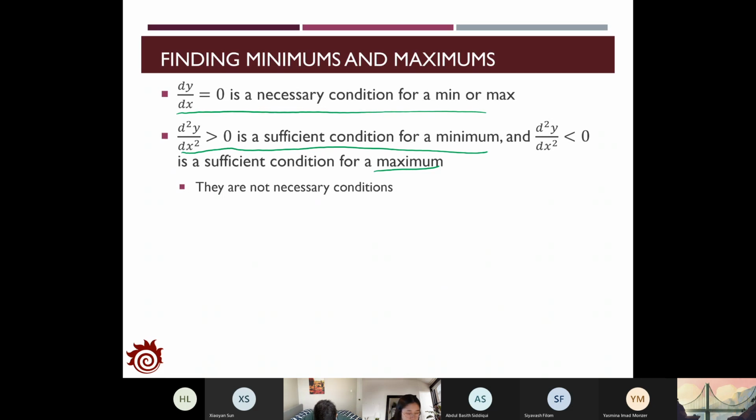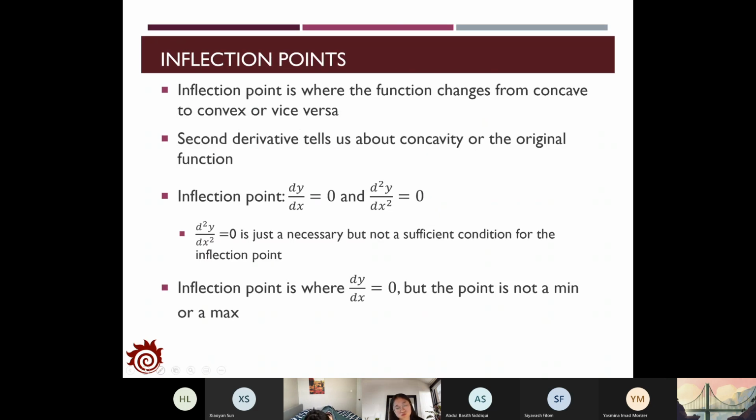Only when it equals 0 is it a special case, and we have to deal with that. Usually the inflection point is defined as the point where the function changes from concave to convex or vice versa, just like the example I showed for the third order function.